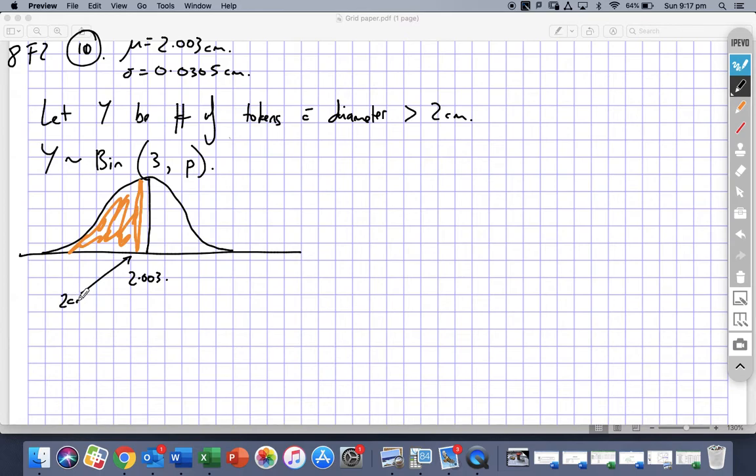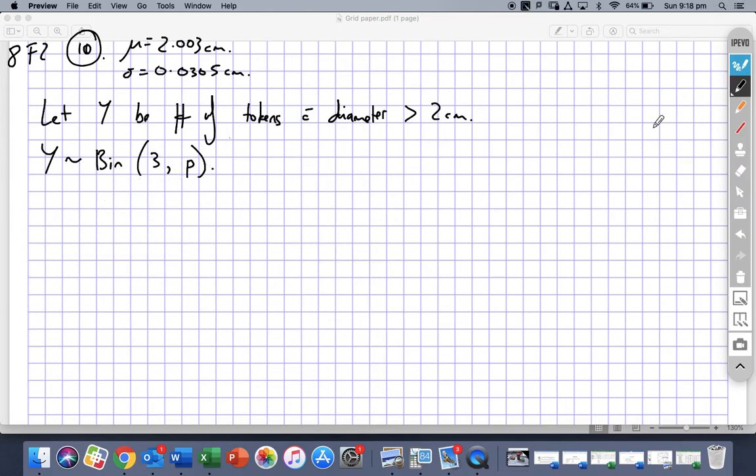Here, 2 centimeters, right? So I want to know what's the probability that my token is smaller than 2. Although maybe I should work out greater than 2. It's probably quicker and smarter to do it that way, isn't it? Yeah, let's do that.